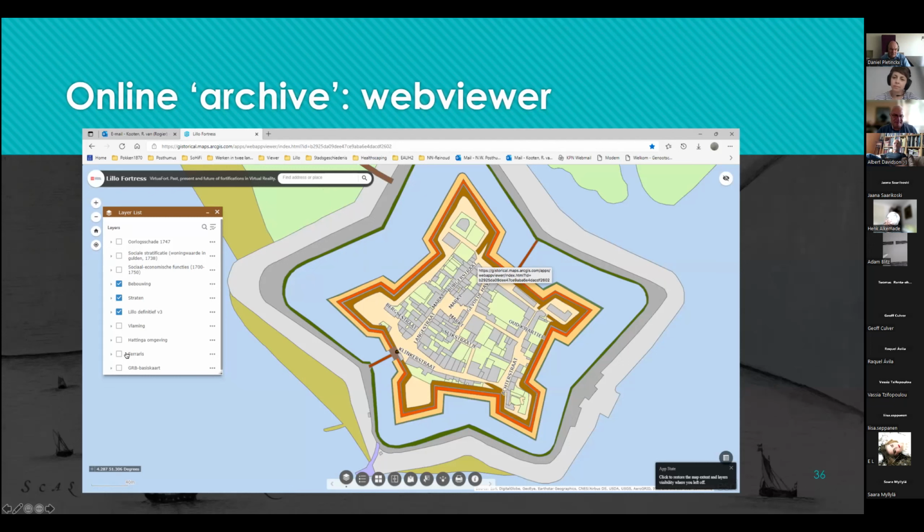And these are the different layers in the GIS that you can put on and off, which means the base map of today (sorry, it's in Dutch), the Ferraris map of the end of the 18th century, the map of the middle of the 18th century, the map of the 17th century, etc. So you have the streets, you have the buildings, you have the normal ground plan, you have the war damage, you have the social stratification, and you have the socio-economical functions there.